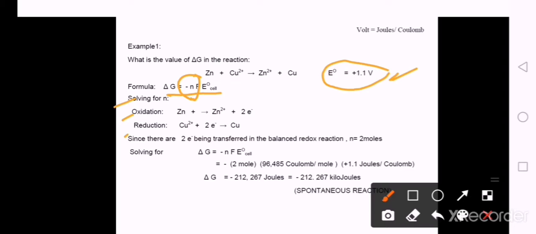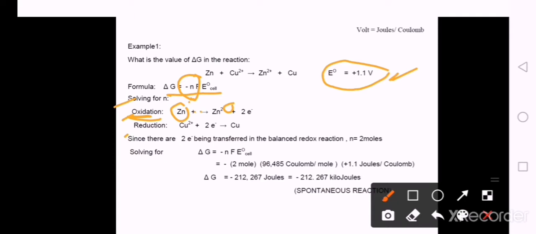Ulitin natin, yung oxidation is the loss of electrons into which the oxidation state increases. Okay, so from zinc, elemental zinc, 0 yan, 0 ang kanyang charge, producing zinc ion which is plus 2.